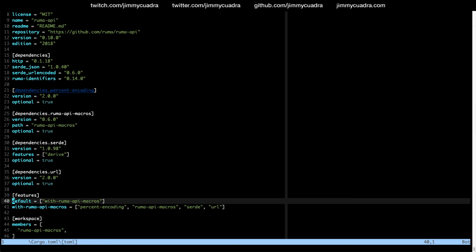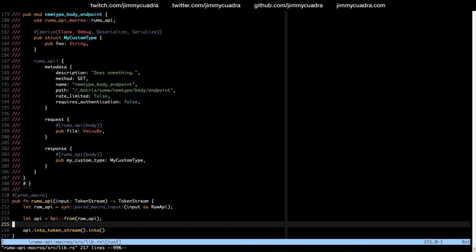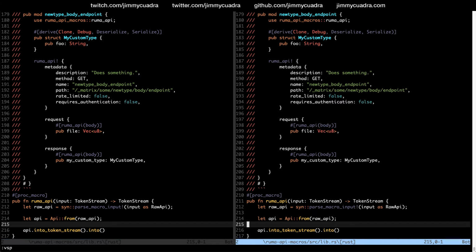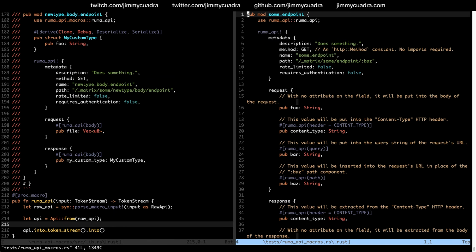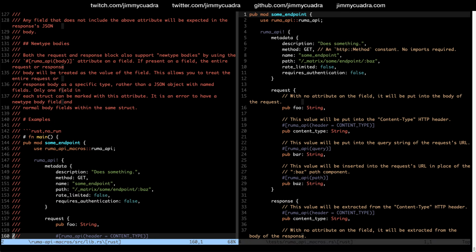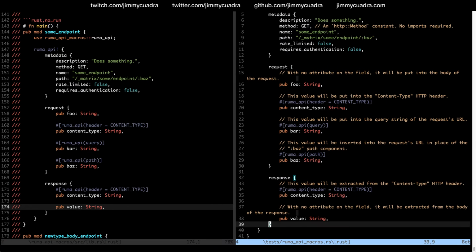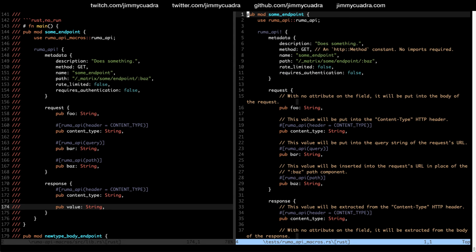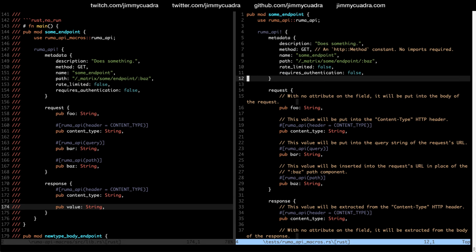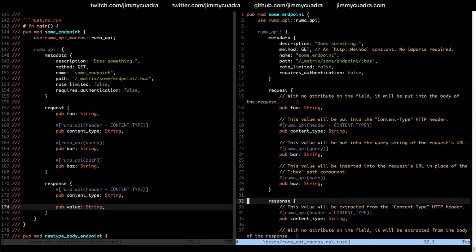Well, I'm already testing this stuff. Let me make sure. I think what I'm going to do is I'm just going to open the tests file. So let's look at tests. I'm going to make sure that all these tests are represented over here. So we've got the sum endpoint. I think this is all the same.